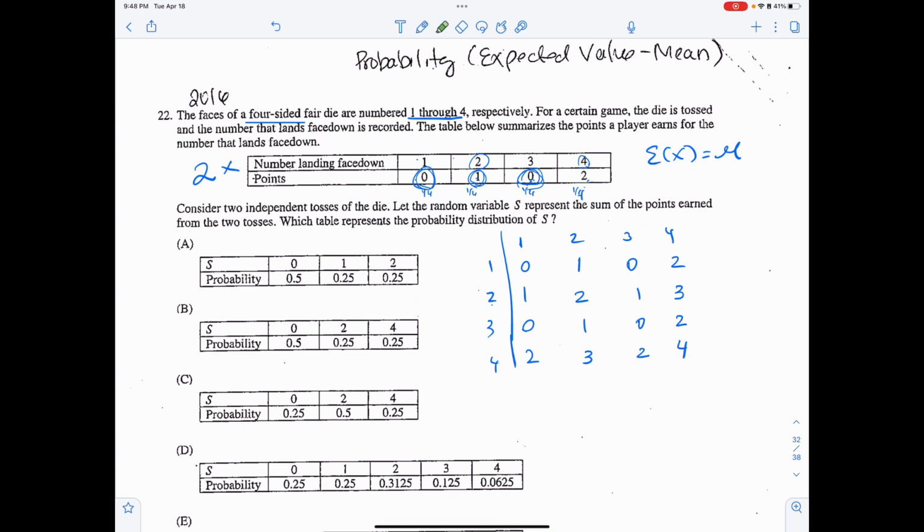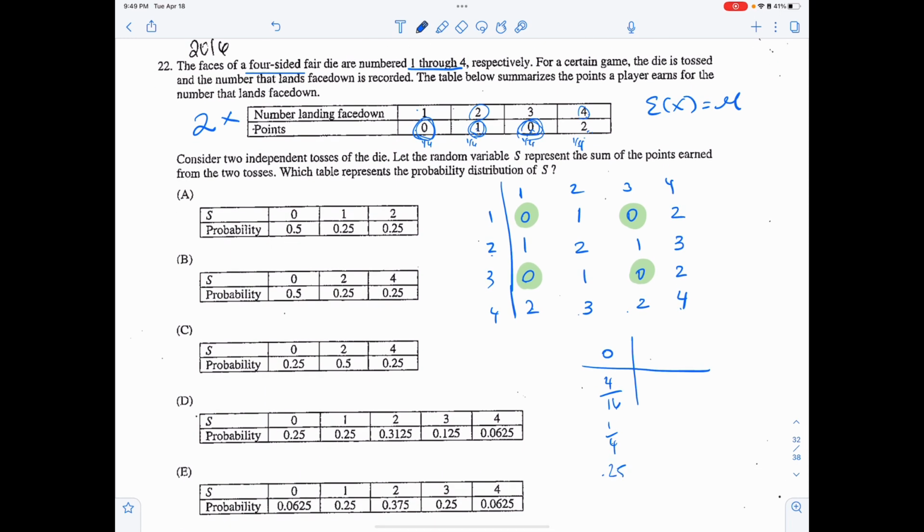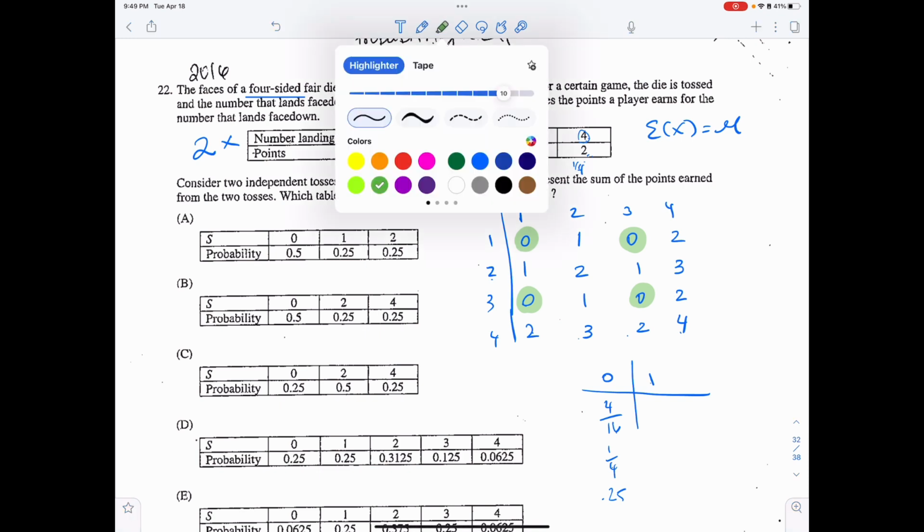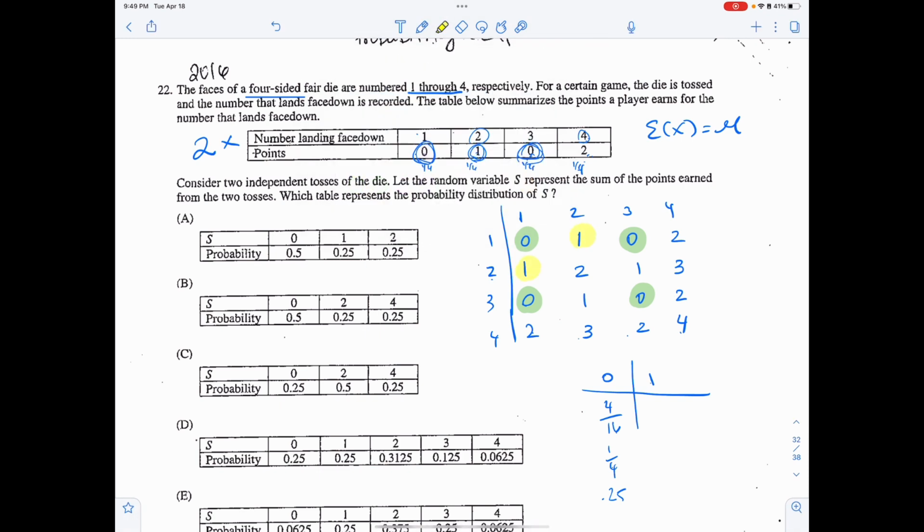So now I have 4 zeros. There are 4 times 4 possibilities, so that's 16 possibilities. So 4 out of 16, or 1/4, which is 0.25 in decimals. The probability of getting a 1 is also 0.25.